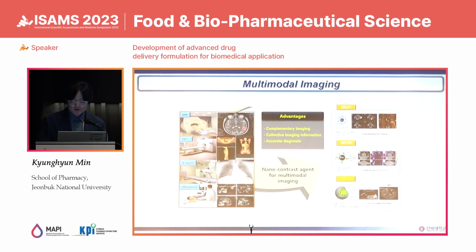As you know, multimodal imaging is recognized as a tool for accurate tumor imaging by providing complementary and collective imaging information. There are many trials of nano-contrast agents for various multimodal imaging, such as MR/CT, MR/PET and MR/ultrasound. Especially, we have focused on MR and US multimodal imaging.